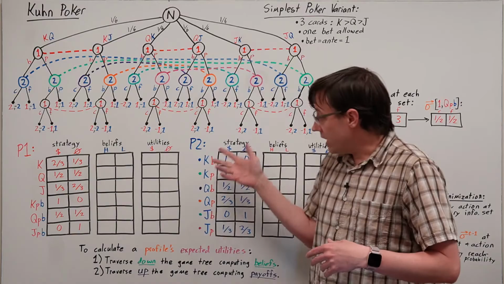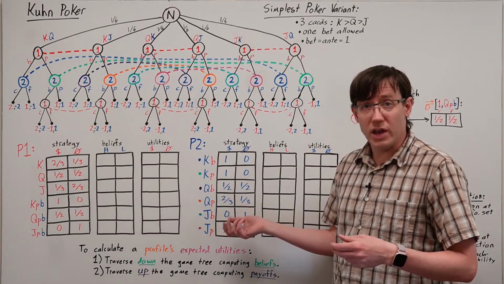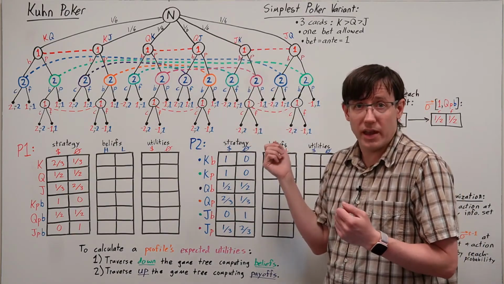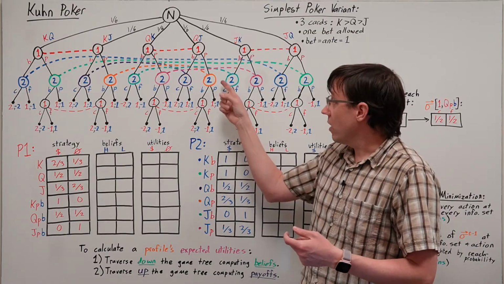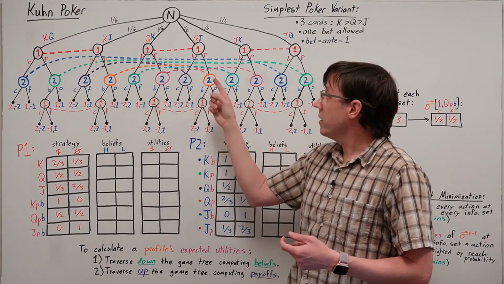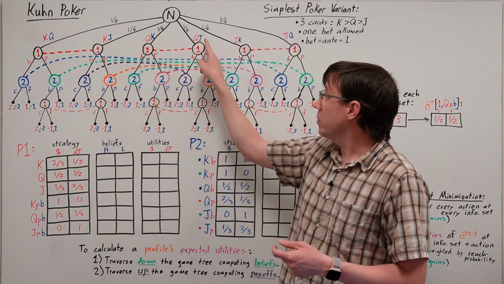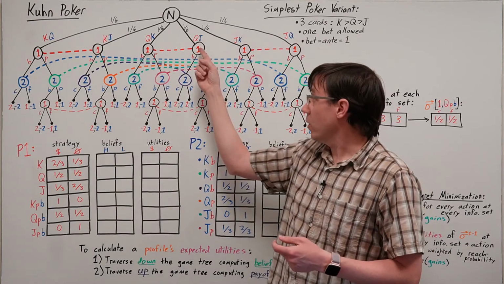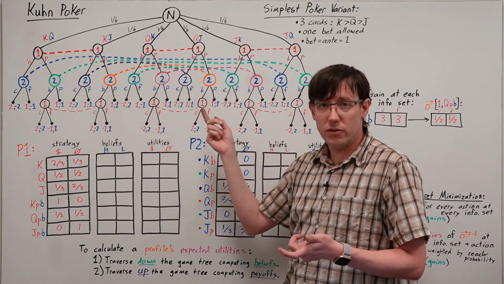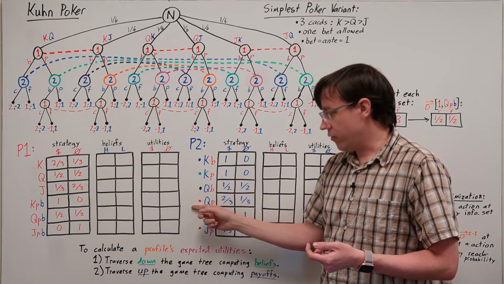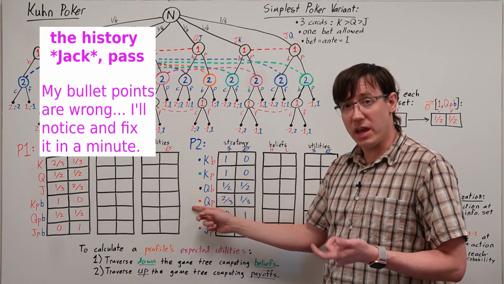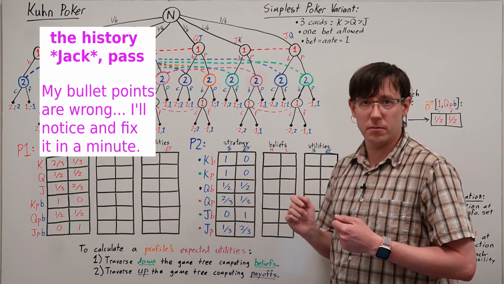Likewise, we can associate each of player 2's information sets with the history that gets us there. For example, we arrive at the orange information set by player 2 having been dealt a jack, and then player 1 choosing the action pass. And so that information set corresponds to the history queen pass.